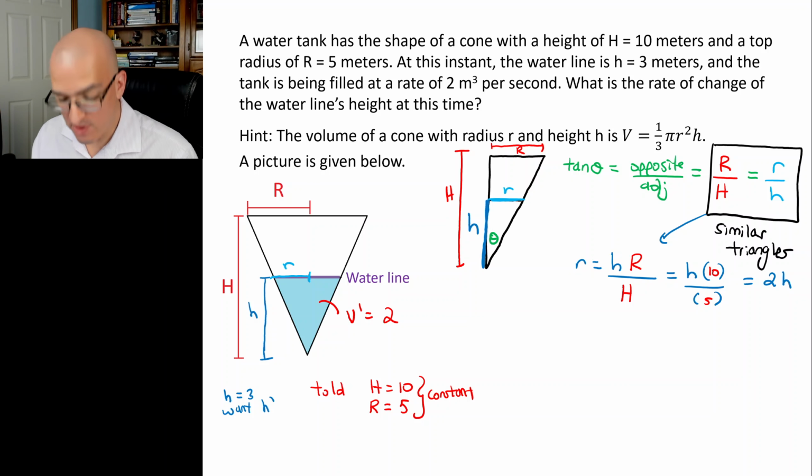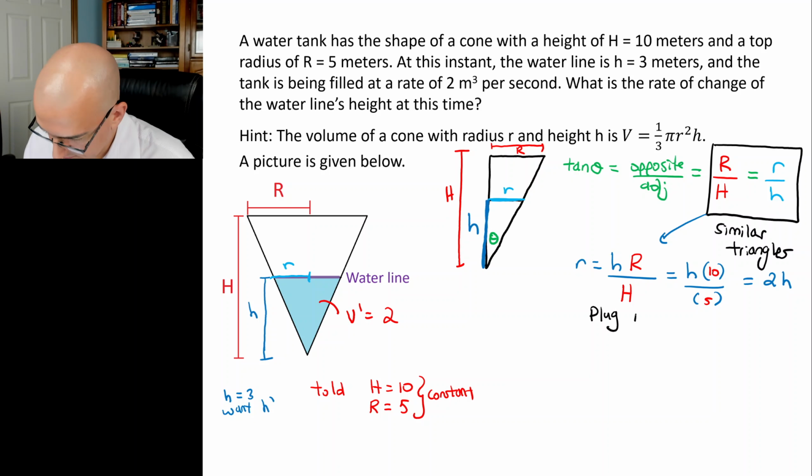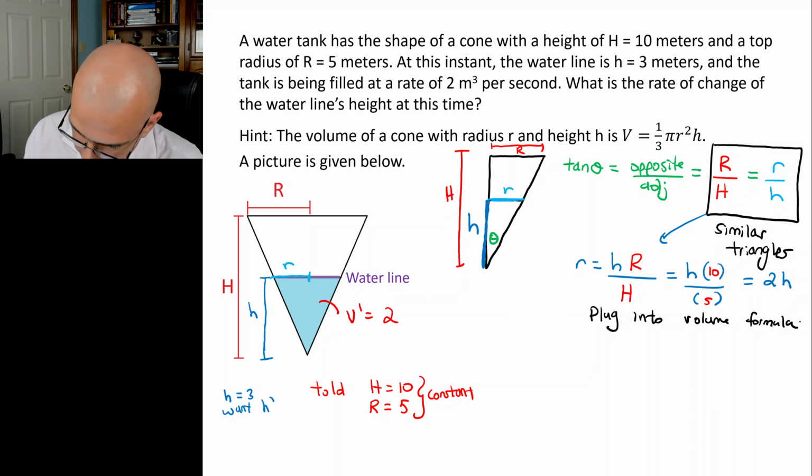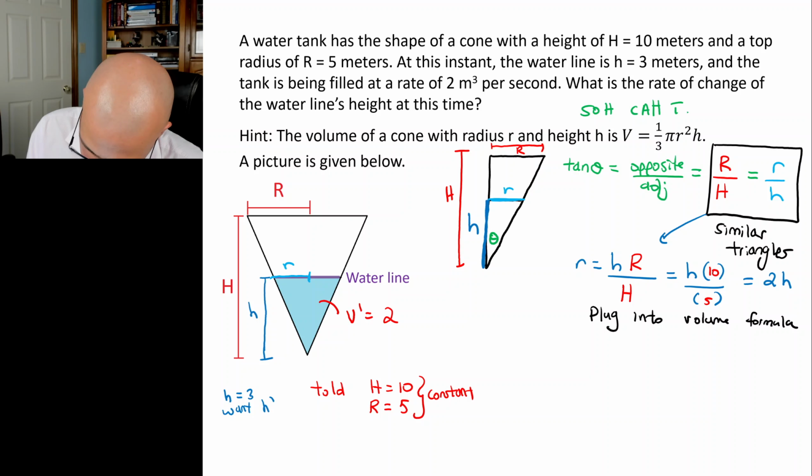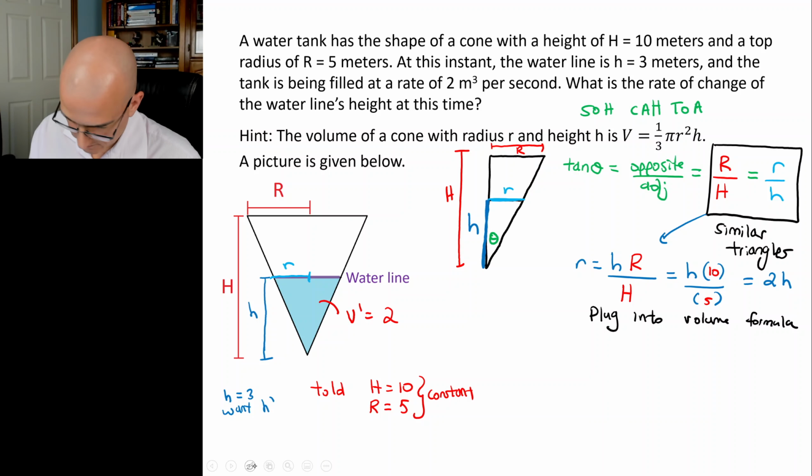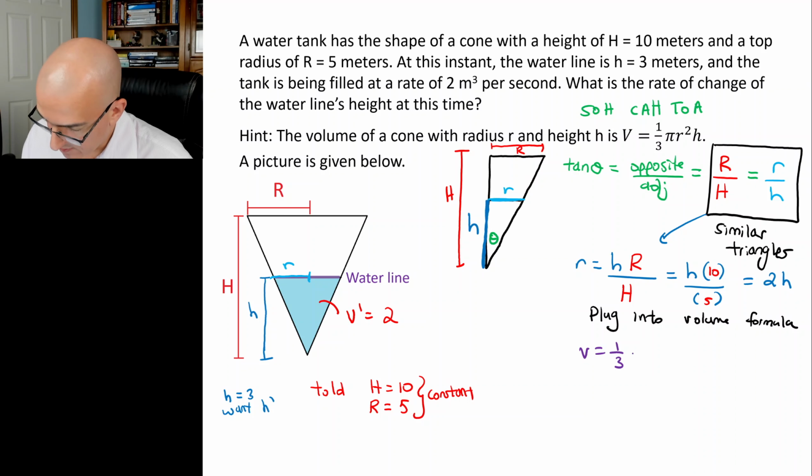Now we can plug that into the volume formula. So our volume is 1/3 times pi. r is 2h.